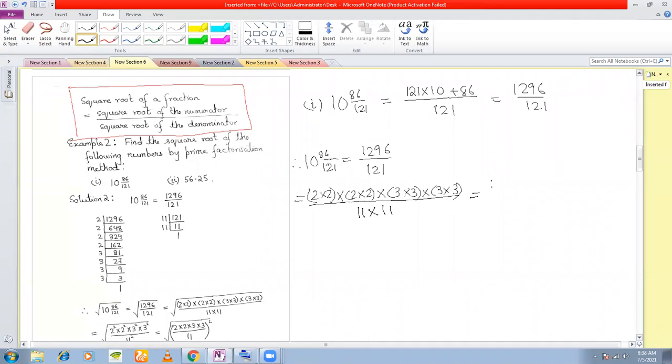Since we have paired everything, 2 into 2 can be written as 2 square, this as 2 square, this as 3 square, and this as 3 square, divided by 11 square. Which now can be written as 2 into 2 into 3 into 3 divided by 11, whole square. You can write in this manner.